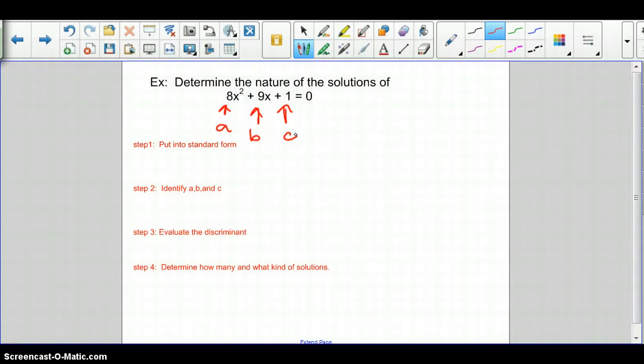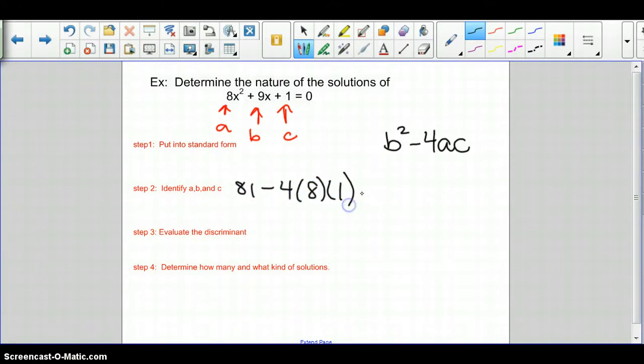Next, we are asked to evaluate the discriminant. In doing so, remember our discriminant is B squared minus 4 times A times C. So we have all values of A, B, and C. Let's just plug them in. B squared is 81 minus 4 times 8 times 1.